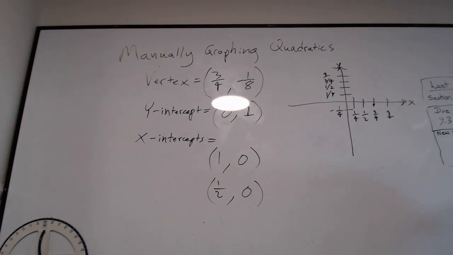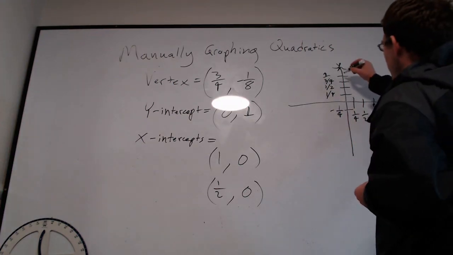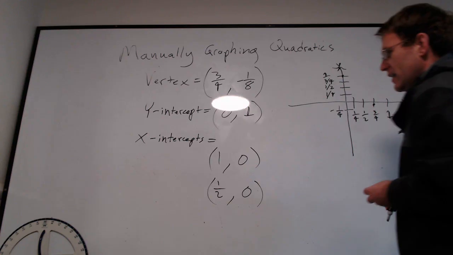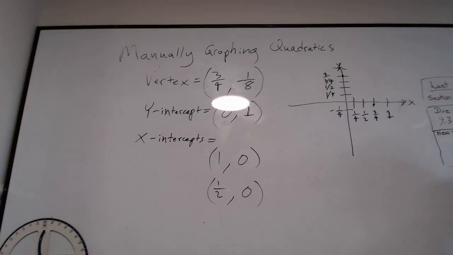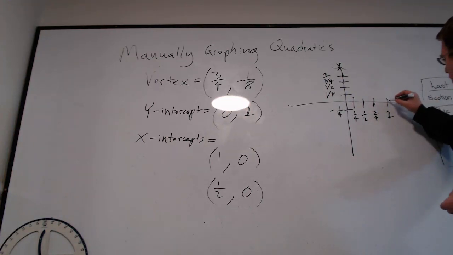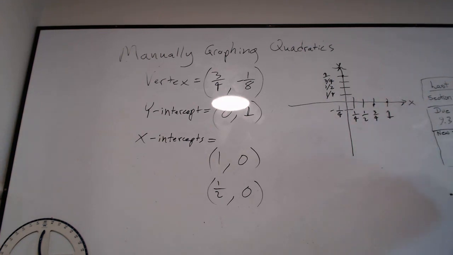Okay, so then where is our y-intercept? At 0, 1. So that's going to be way up here, right? Okay, and then our first x-intercept? At 1, 0. So what's the x value? 1. Okay, and then where is our second x-intercept?